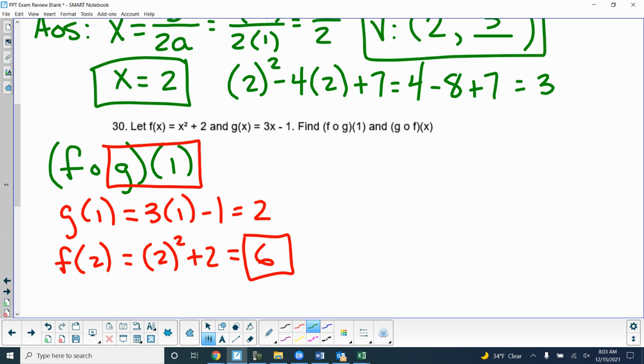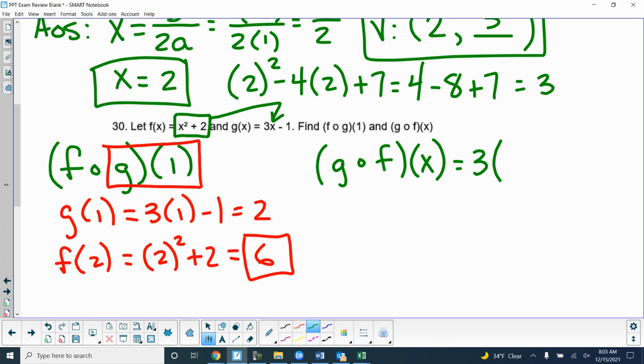The other one, g circle f, or composition of, that means I'm taking the f and putting in for x in the g, right? So, you know, there's two steps here when it's a number, but really it's just one step when you're doing the x one.